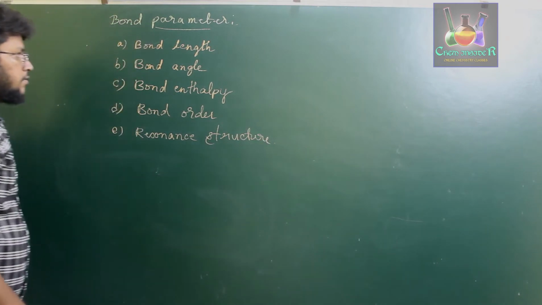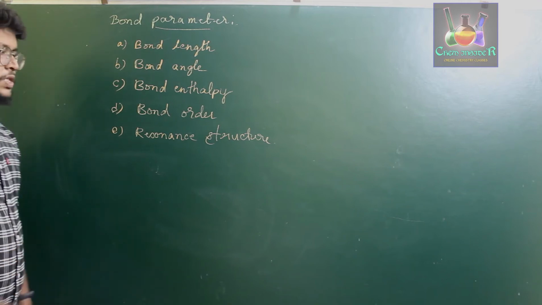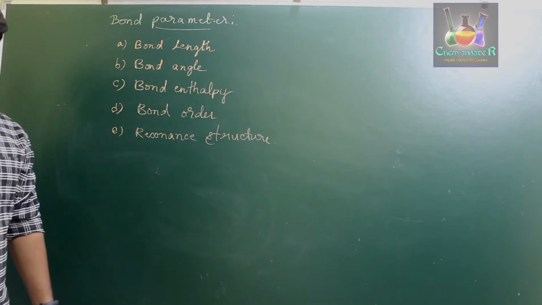Out of these 5, the first 4 are quite related to one another, but not the fifth one. It is because of some exceptions when we come across certain different polyatomic ions.